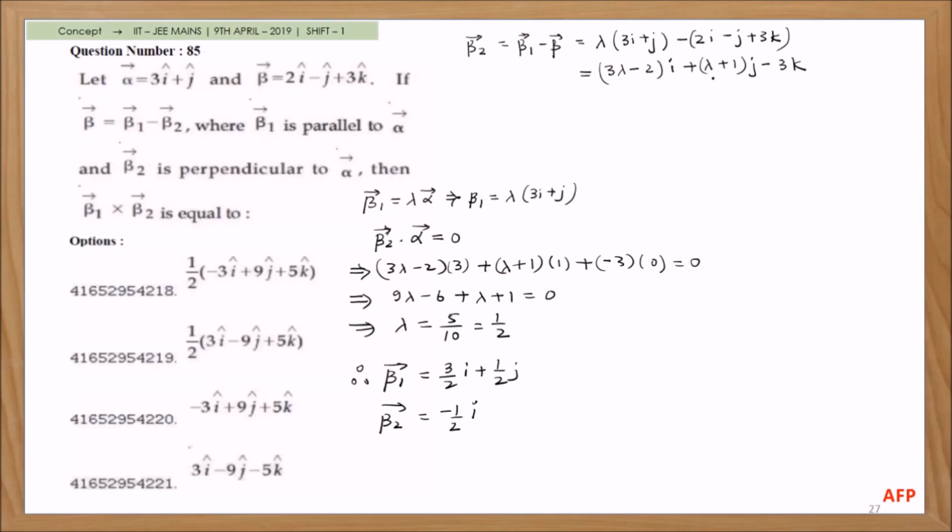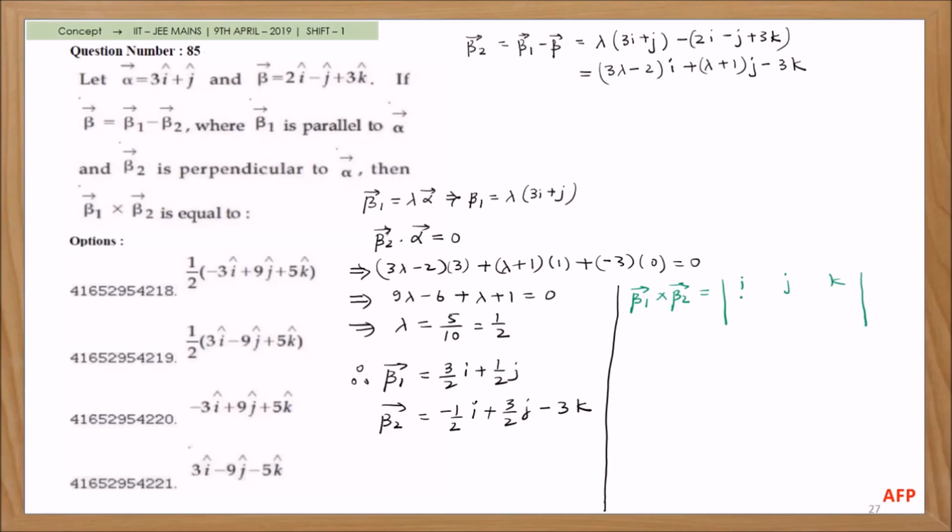Okay, so 1 by 2 if you substitute, plus 3 by 2 j you are having, and minus 3k you are having. So now you can find the cross product here. So beta 1 cross beta 2 is equals to determinant i j k.